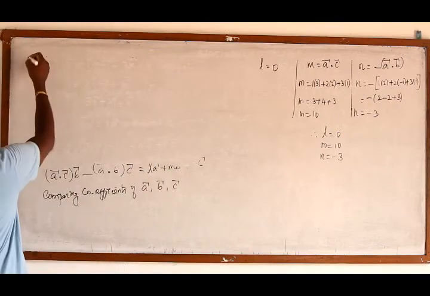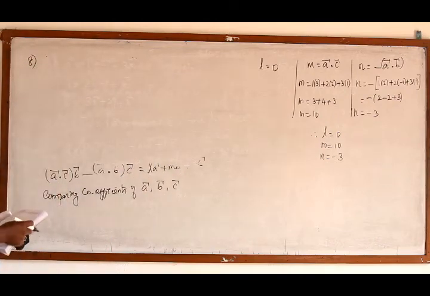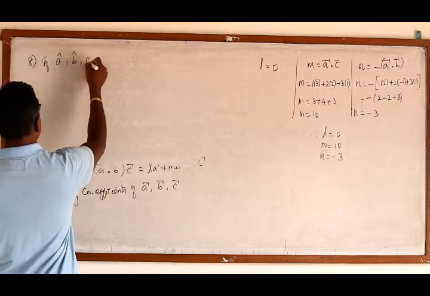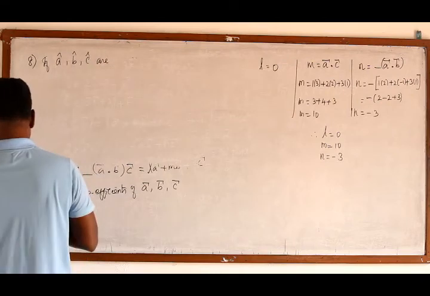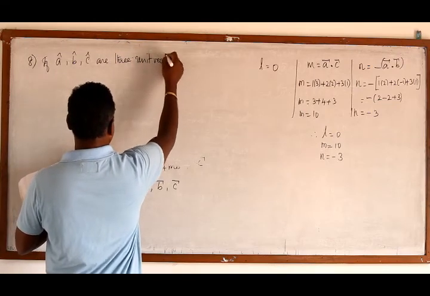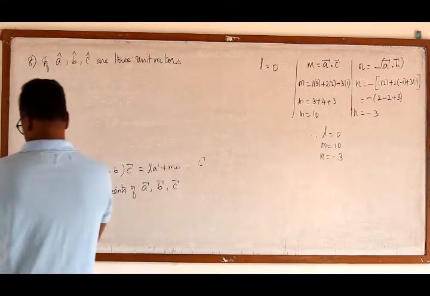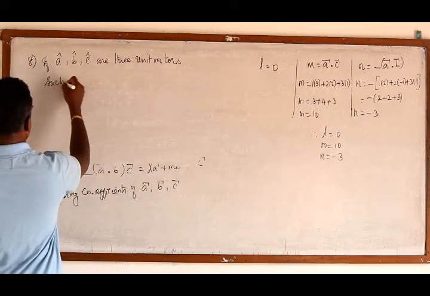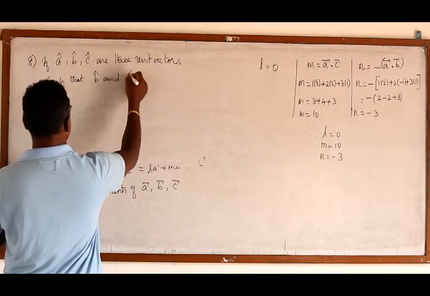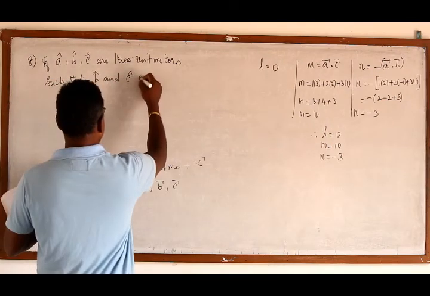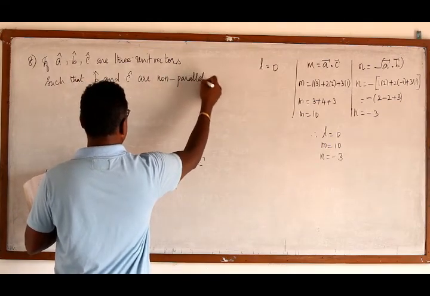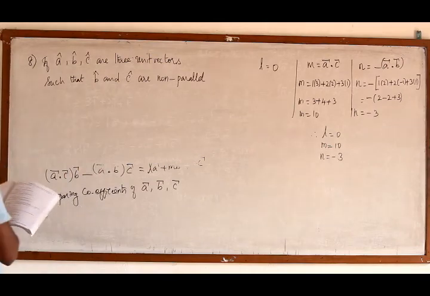Next, problem number 8. If A cap, B cap, C cap are 3 unit vectors, so they are denoting unit vectors as A cap, B cap, C cap, such that B cap and C cap are non-parallel. Non-parallel does not mean that they are perpendicular.